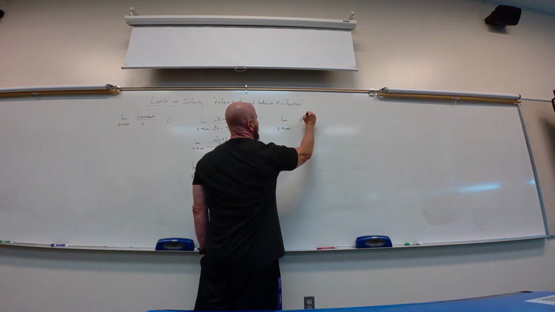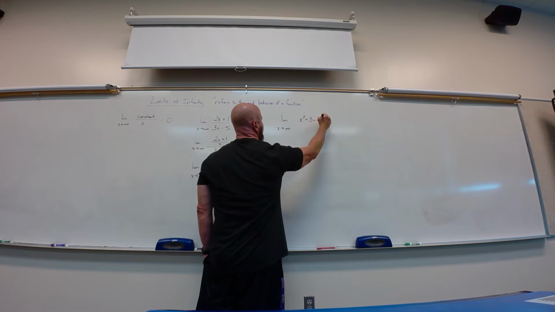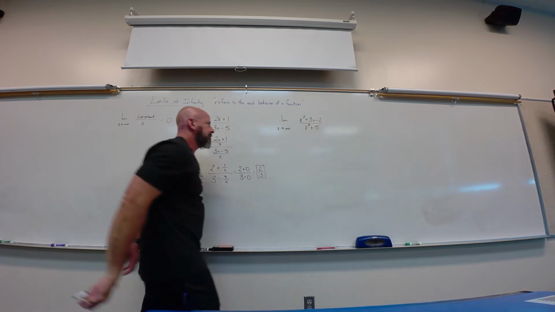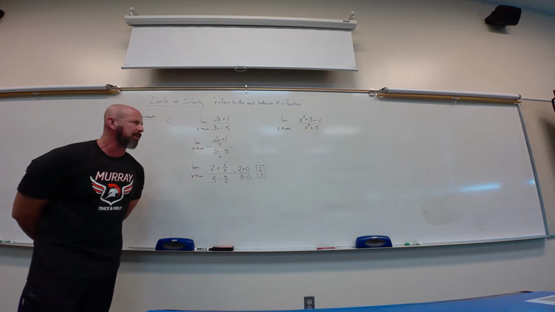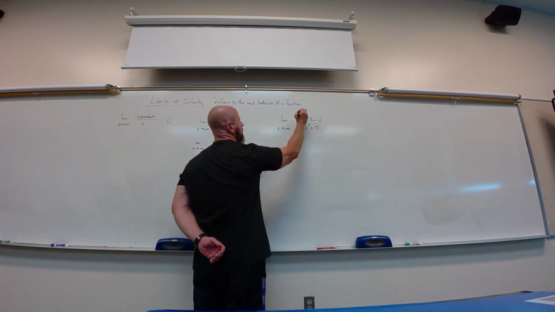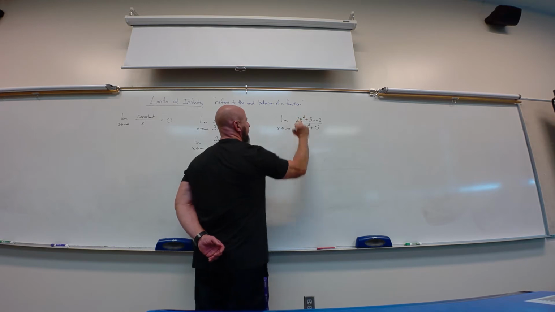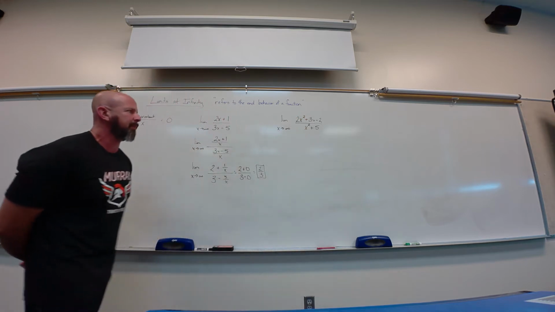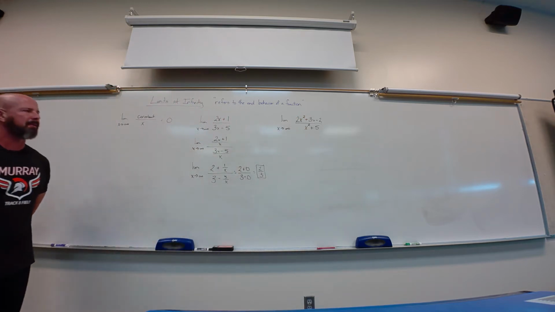Let's go x squared plus 3x minus 2 over x squared plus, I don't know, we'll go 5. All right, so just trying to get a different look as far as the exponents. And let's put a 2 in front of that guy. We'll go 2x squared plus 3x minus 2 over x squared plus 5.